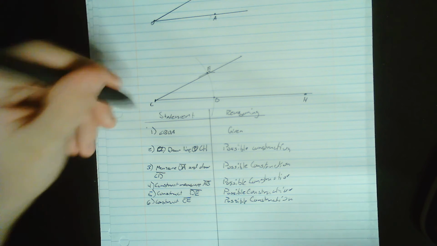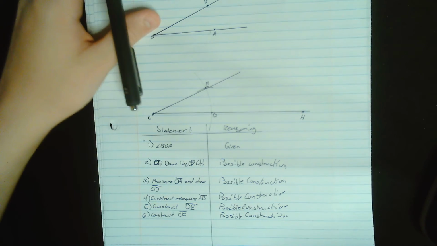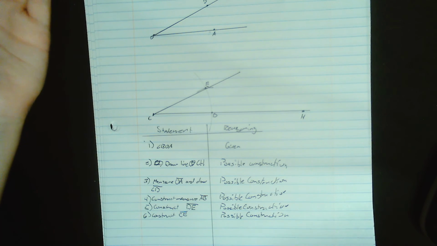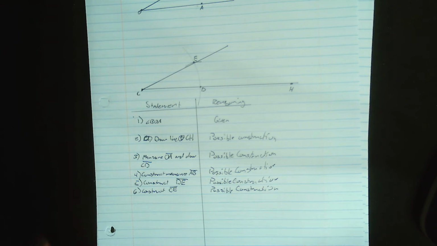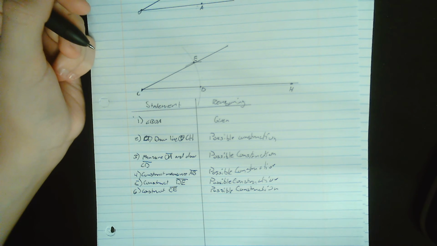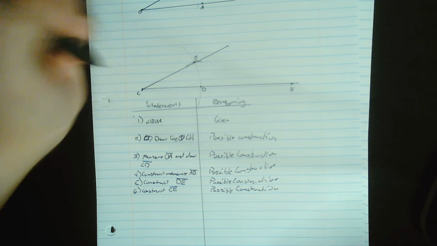Now we need to prove that these two angles are actually the same. We've done the proof of creating the two angles, but how do we know if angle BOA is congruent to angle ECD? It's actually pretty simple. What we can notice is that we're going to do this one step at a time.